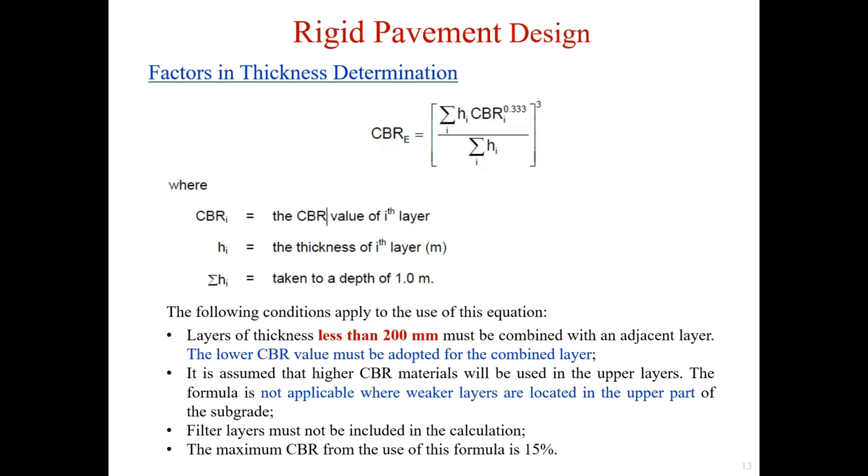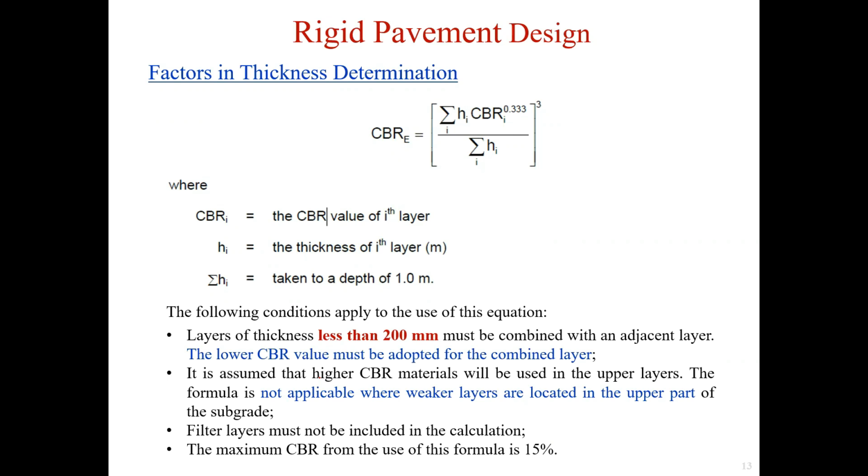There are some conditions to follow when using this equation. A layer with thickness of less than 200 millimeter must be combined with an adjacent layer, and the lower CBR value must be adopted for the combined layer. It is also assumed that higher CBR materials will be used in the upper layers. The formula is not applicable where weaker layers with smaller CBR are located in the upper layer.